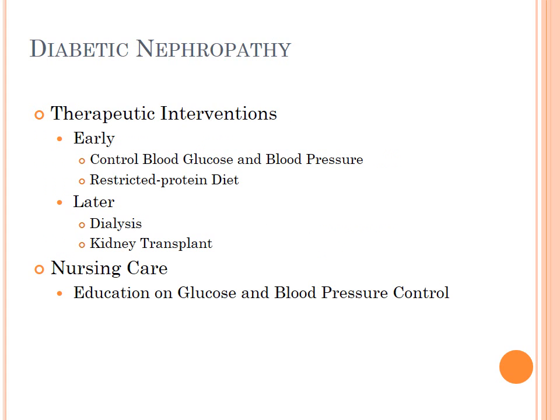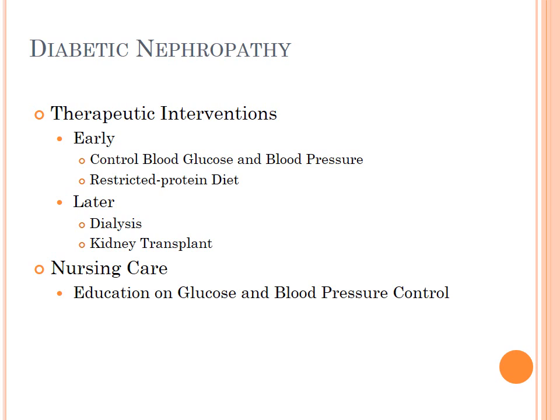Therapy. Early on, we want to make sure we're controlling blood glucose to be as normal glycemic as possible, as well as blood pressure. And the person will be on a lower restricted protein diet. There are supplements, like a Boost, that are for somebody with kidney disease, and they'll have a decrease in the protein.